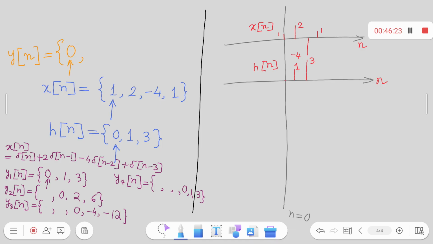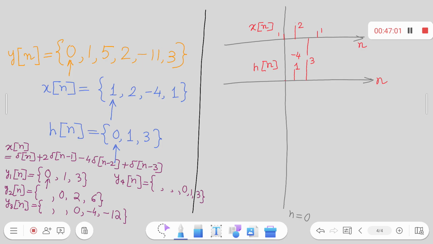Next one, this is 1. Next 5. Then 6 minus 4, 2. Next minus 11. Then 3. That is the final output. 0, 1, 5, 2, minus 11, 3.